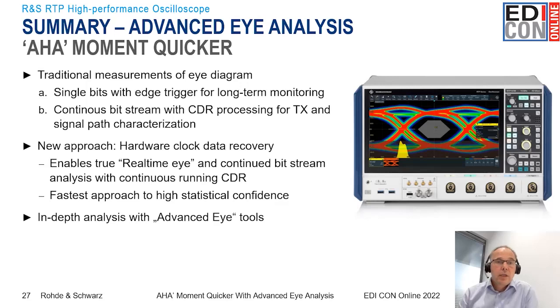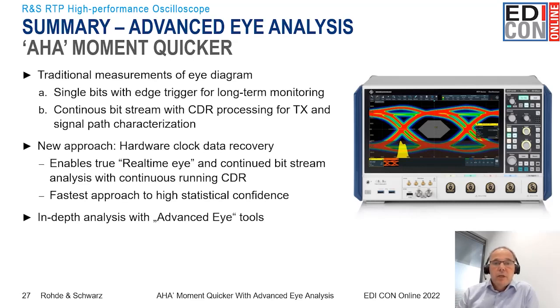We now call this real-time eye because we acquire the data very fast. Or the other approach is that you can use the hardware CDR to do the bit slicing of a continuous bit stream, using just the timing information of the clock data recovery. Because the Rohde & Schwarz oscilloscope acquires waveforms very fast, we can collect data very fast, and you have a high statistical confidence.